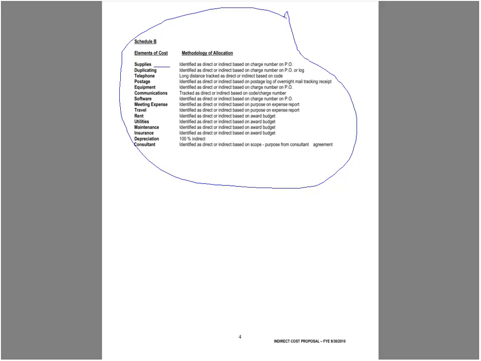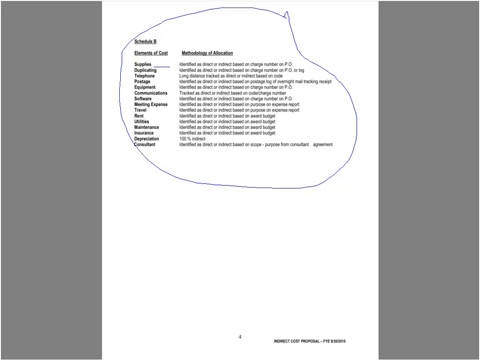For telephone, long distance, they're tracking the cost by code, postage, and equipment. It's tracked as direct or indirect based on either a postal log or the type of expense or the purpose. Communications is tracked direct or indirect based on the code, if it's a long distance charge or charge number. Software generally is direct or indirect based on the charge number, and so are many of the others.